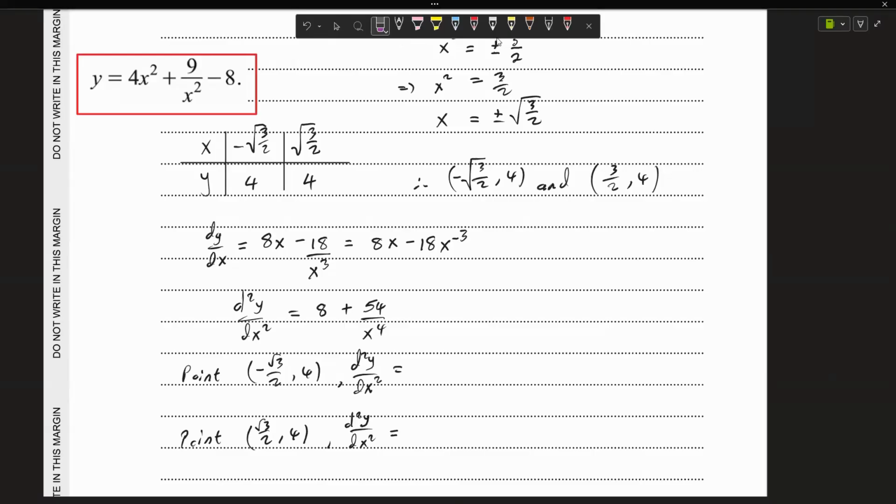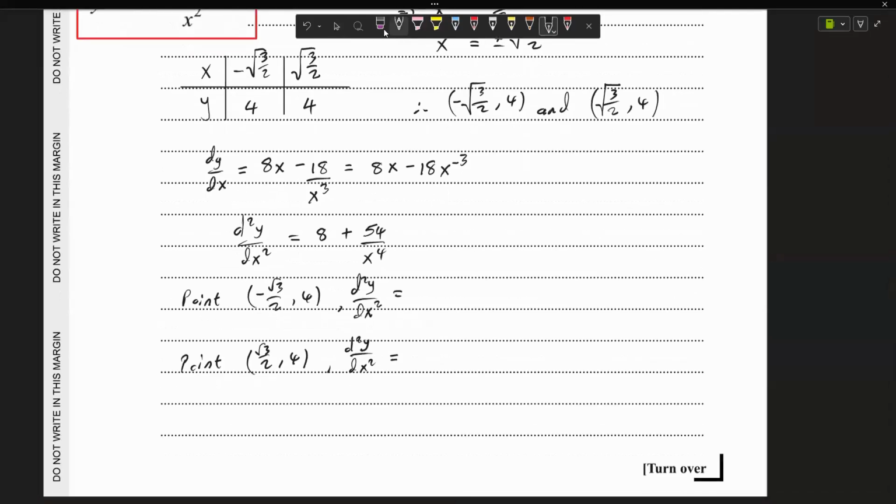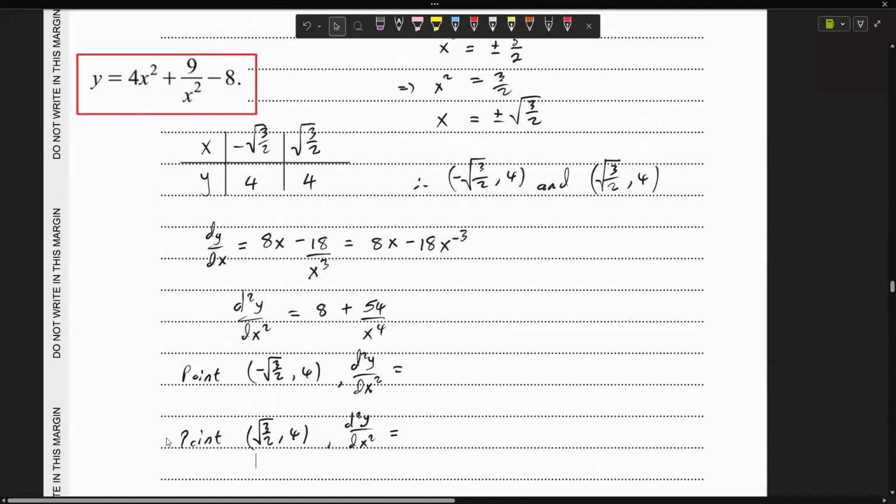And here, a big square root affecting everything, top and bottom. So I need to fix that. Root 3 over 2, and this one as well is the square root of 3 over 2. All right, so I think this now stands good.